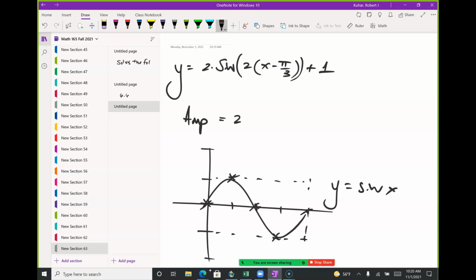My amplitude, it's not a radius of 1 anymore. It's louder, if you will. The amplitude is 2, which means the radius is 2. So the new box that I have is going out to here, and I am drawing that sine function.